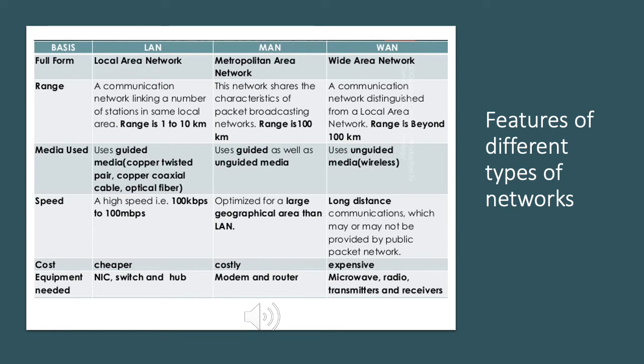Because it is a smaller system, naturally the speed of communication would be much higher in a local area network. And since it is a much less complex system than the others, the cost of setting it up would also be much cheaper.